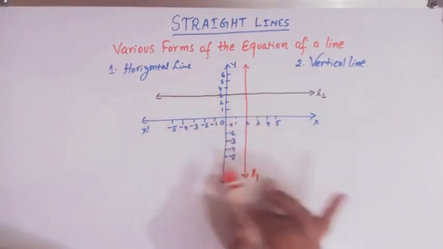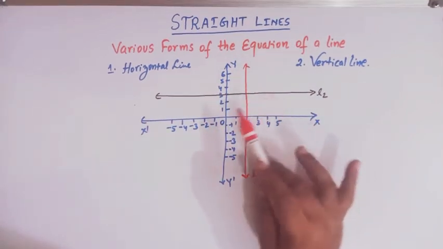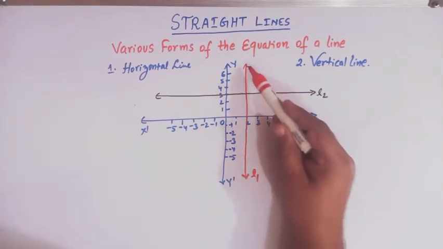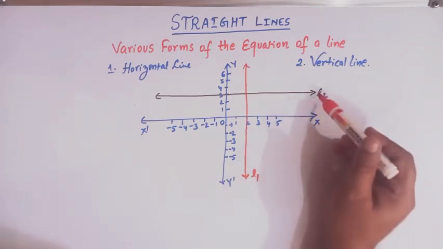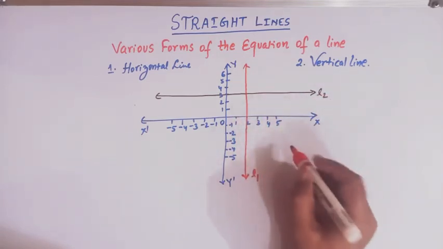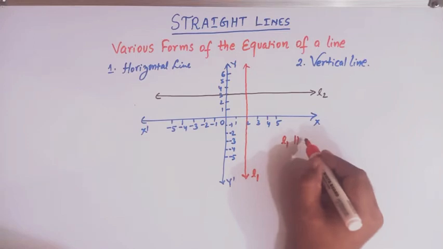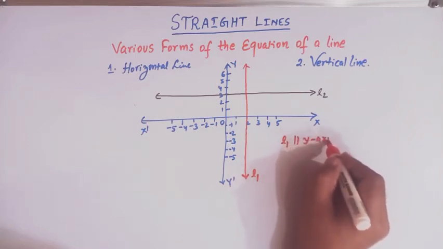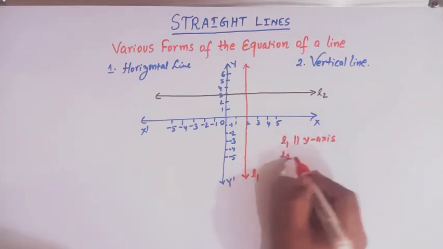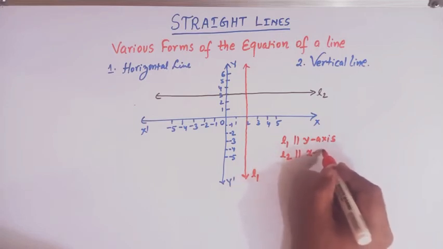So we have a Cartesian coordinate plane, and here we have two lines, L1 and L2. Now L1 is parallel to the y-axis, right? And L2 is parallel to the x-axis.